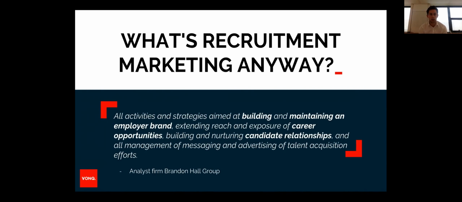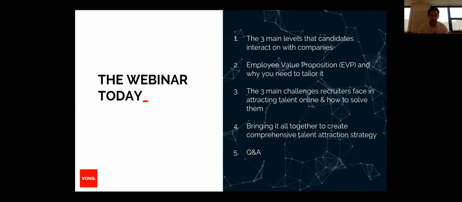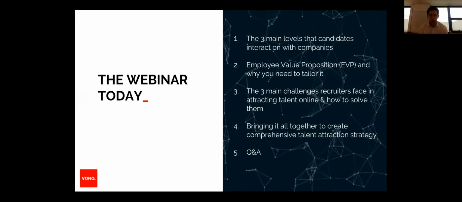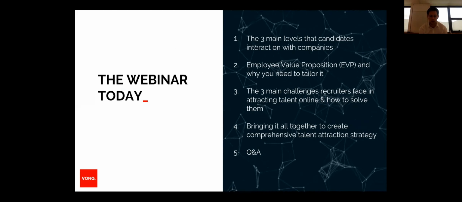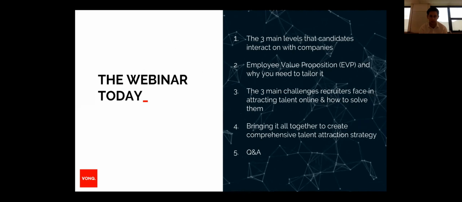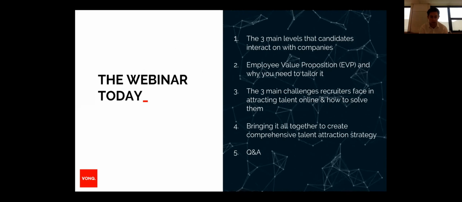So what we're going to try and do today is break this down. This webinar is going to consist of 5 parts. First, I'll give you some context about the 3 levels at which candidates interact with your company. Secondly, I'll address employee value propositions.